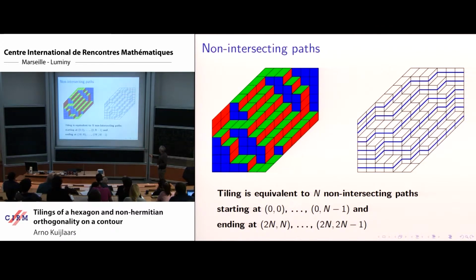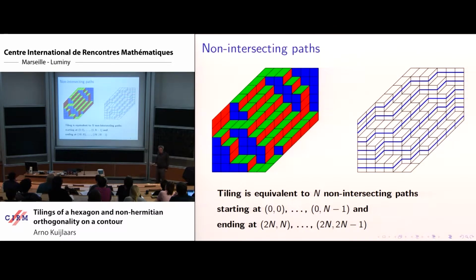If you have an n by n hexagon, there will be n paths here starting on the left. They can go either horizontal or they can go diagonally up. And they end over here, at sort of fixed positions. And they are non-intersecting.